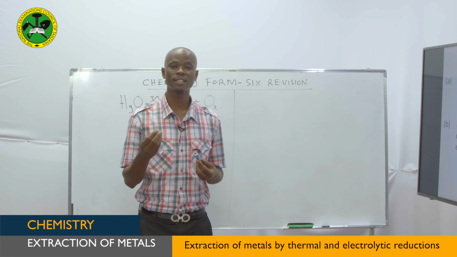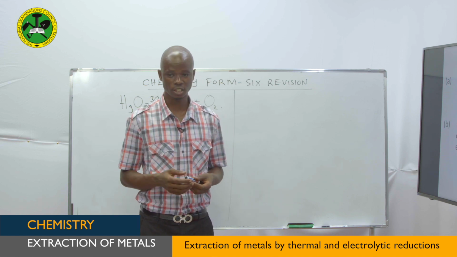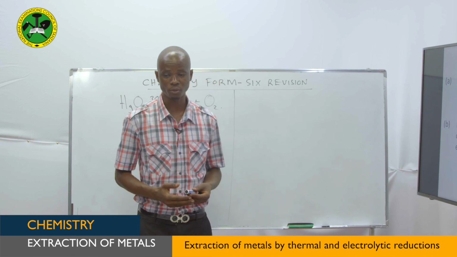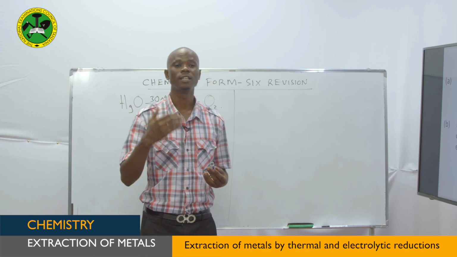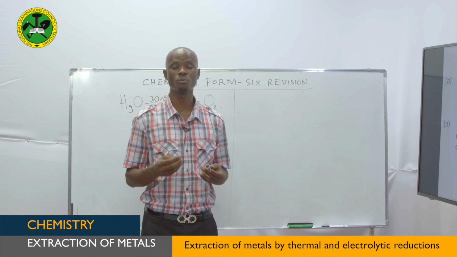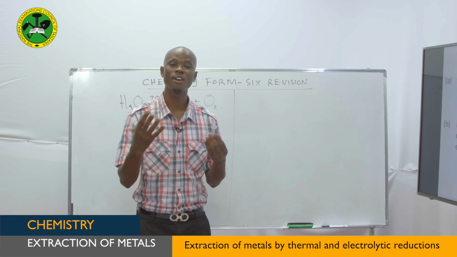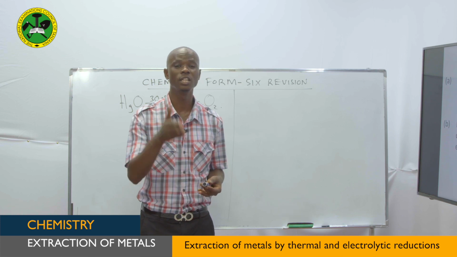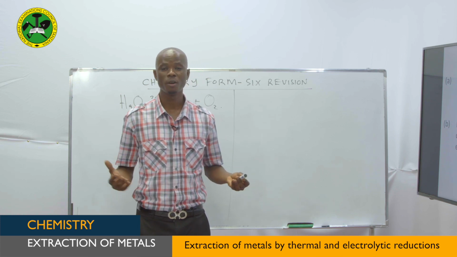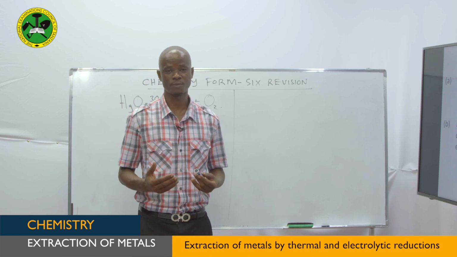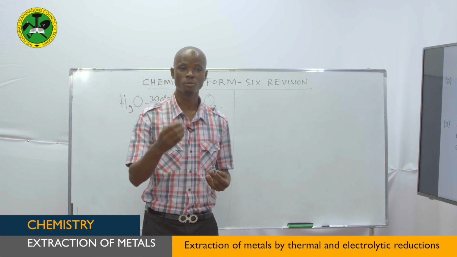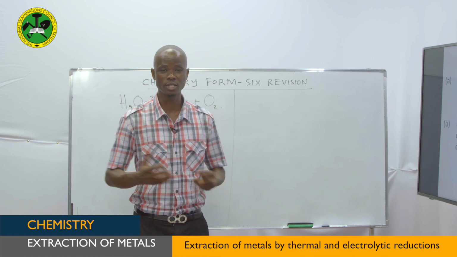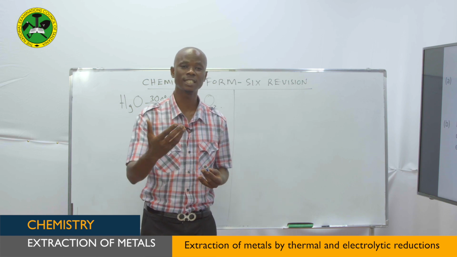We have also another reduction, that is thermite reduction, the thermite process. You can extract metals by using a more reactive metal. For example, you can get chromium from chromium oxide by using aluminium, because aluminium is more reactive. So aluminium reduces chromium oxide to get chromium. But lastly, you can also get metals by reducing their compounds using electrolysis. That means electrolytic reduction.